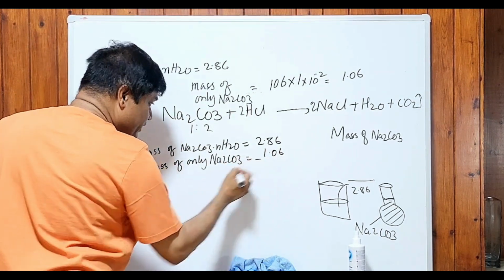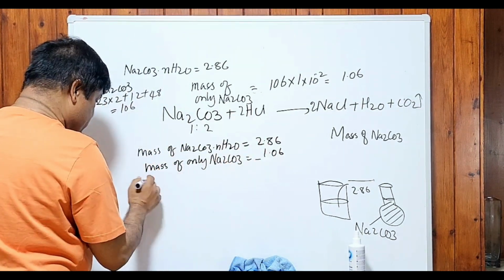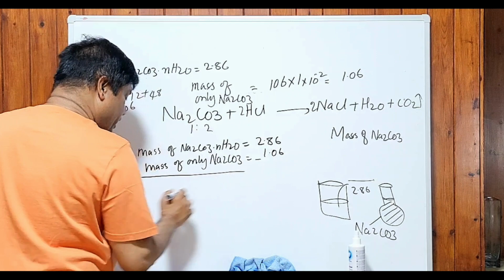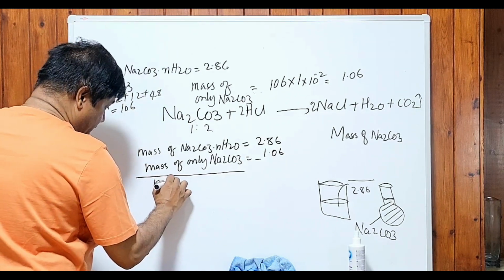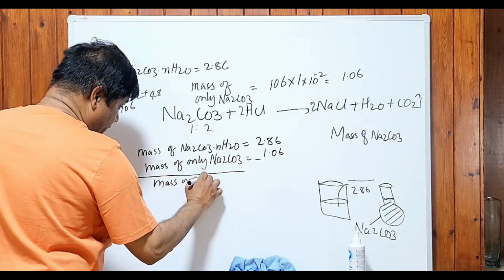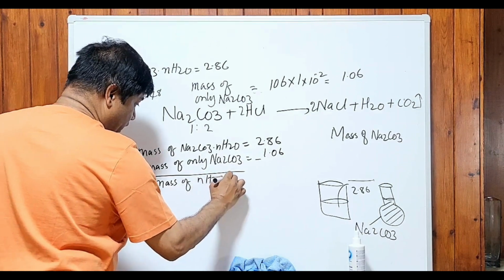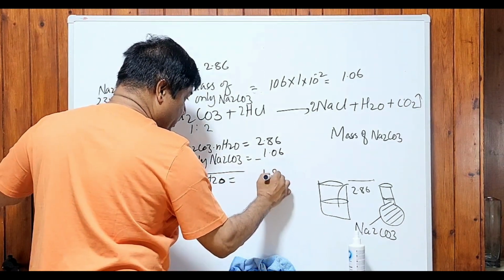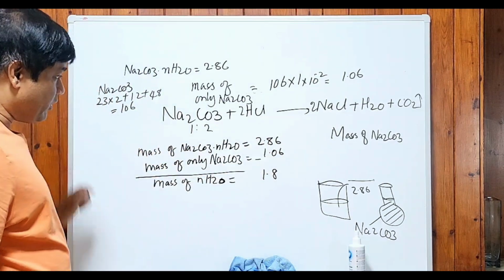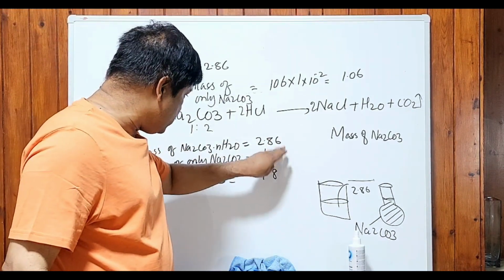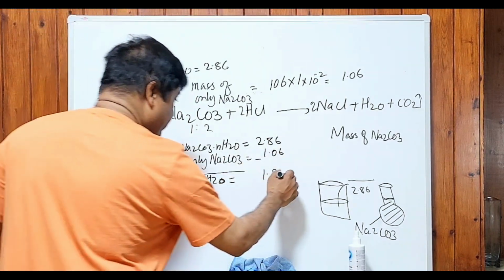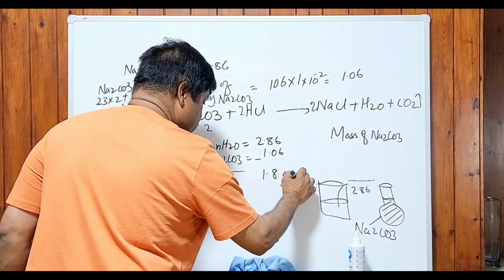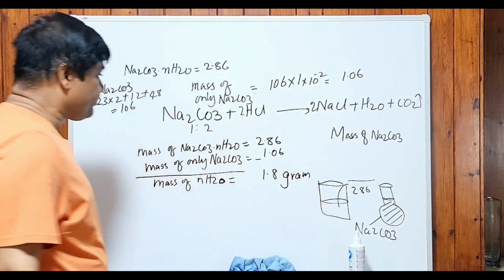If you subtract those two masses, we will get the mass of nH2O. Mass of nH2O equals 1.8 gram. That's the mass of nH2O.